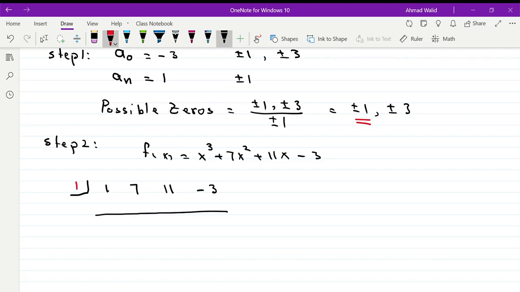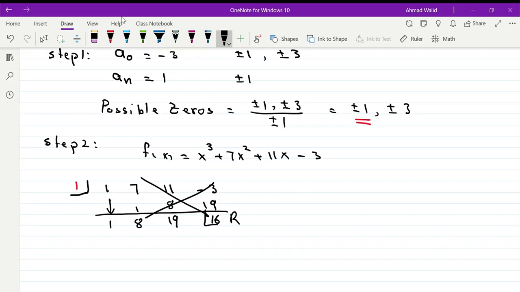Bring down the 1. 1 times 1 gives you 1. 7 plus 1 gives you 8. 8 times 1 gives you 8. 11 plus 8 gives me 19. 19 times 1 gives me 19. Here you get 16. Your remainder is 16. Then 1 cannot be your real zero.